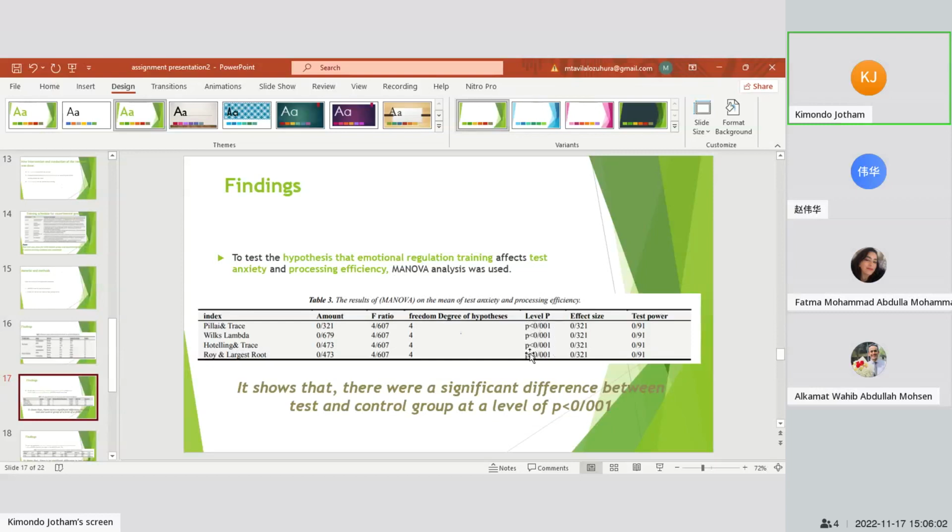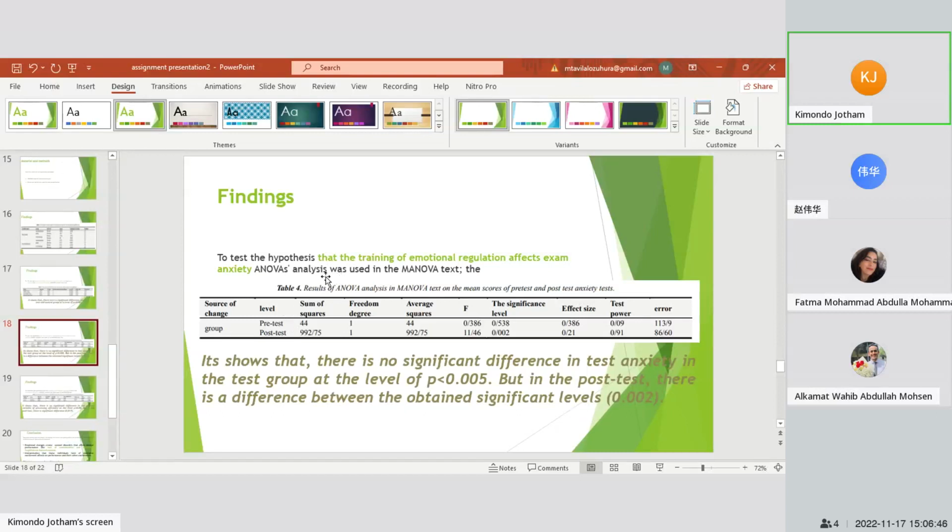As you can see here, the P level decreased and it was 0.001, which means the study was significant if you compare with the alpha level they set before the experiment. So we can say from the table that there was a significant difference between the test and control groups at a level of P 0.01.